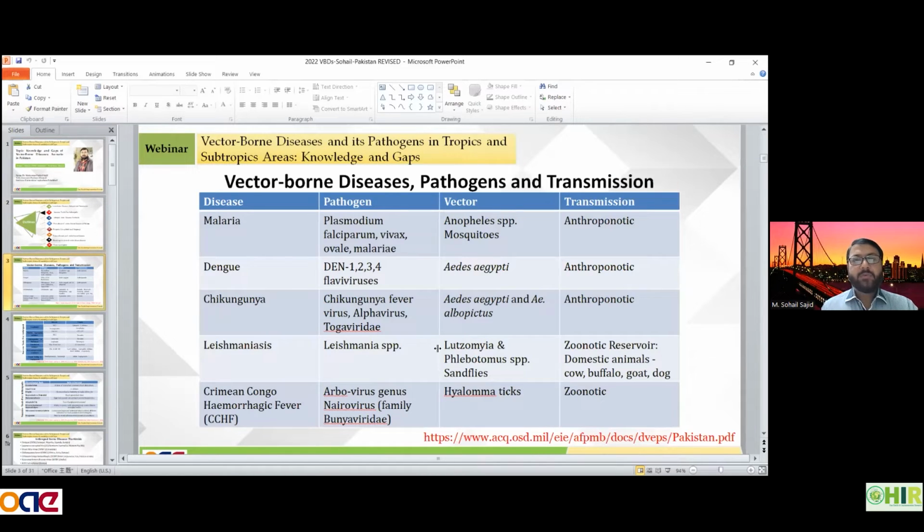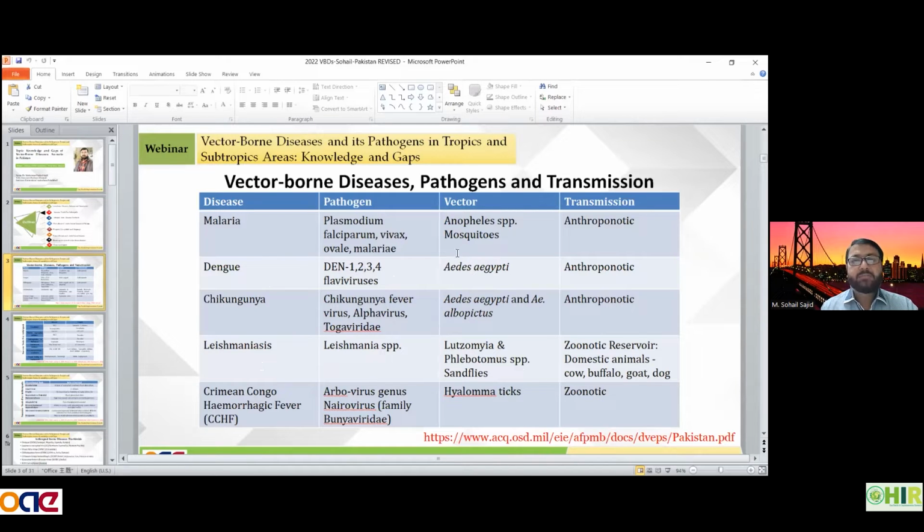This shows the vector-borne diseases, pathogens, and transmission. This slide refers to a group of pathogens: malaria, dengue, chikungunya, leishmaniasis, and Crimean-Congo hemorrhagic fever. I picked these because they are prevalent and have been reported in Pakistan.